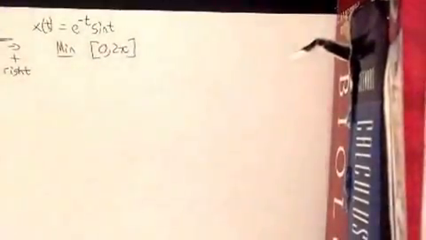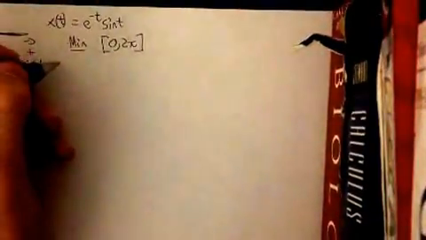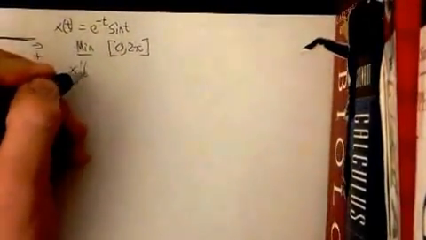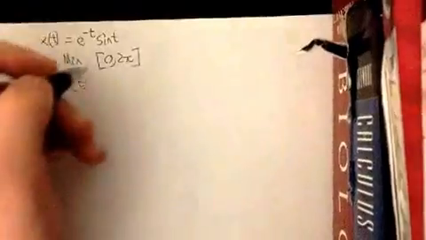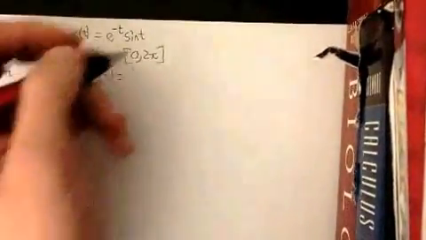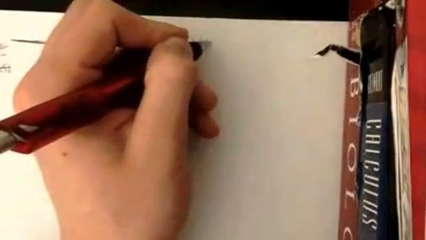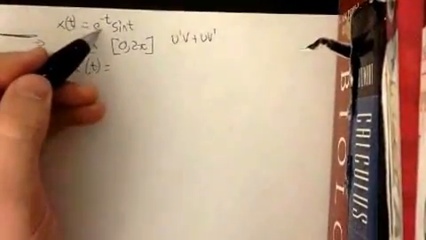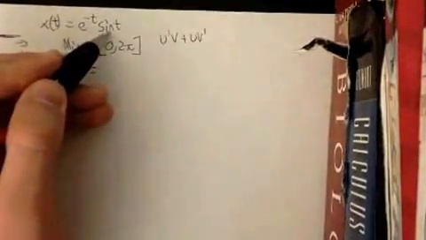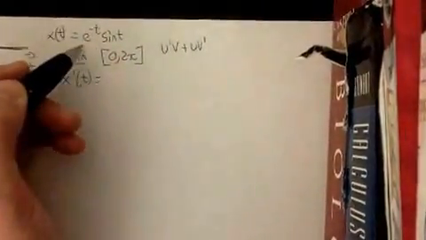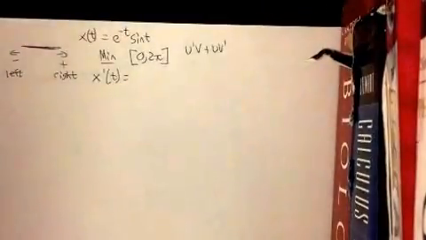As we know, to find the minimum of a function, we want to find when the derivative equals 0 to get some critical numbers. So for the derivative of x of t, we're going to use the u prime v plus u v prime strategy. We take this derivative times this normal and add it to this normal times this derivative.